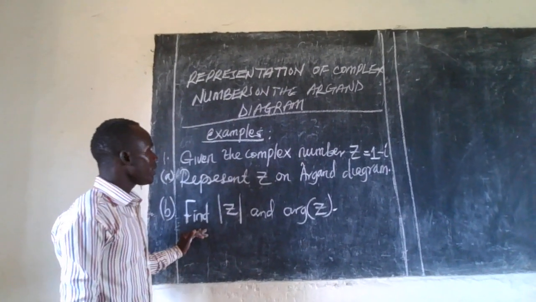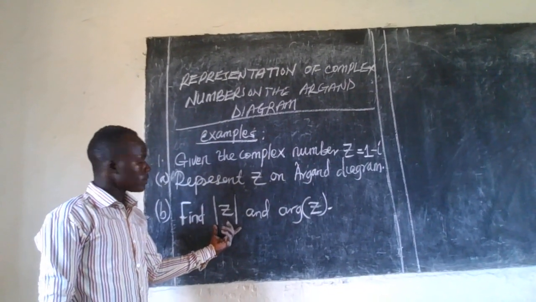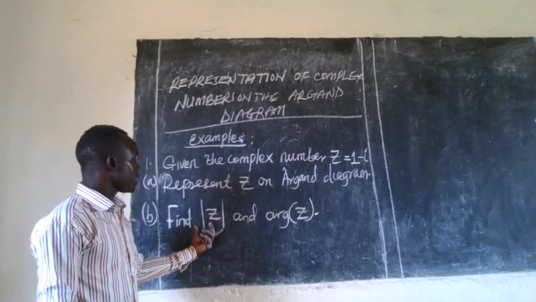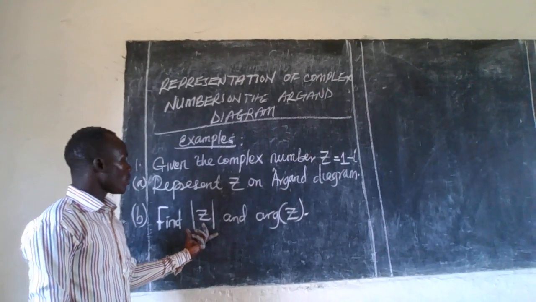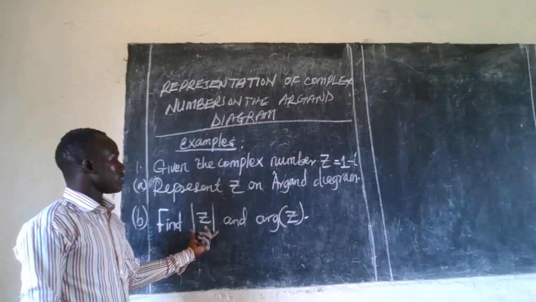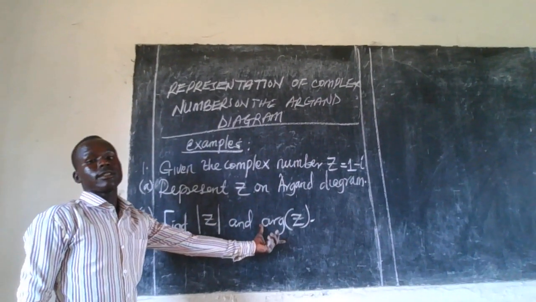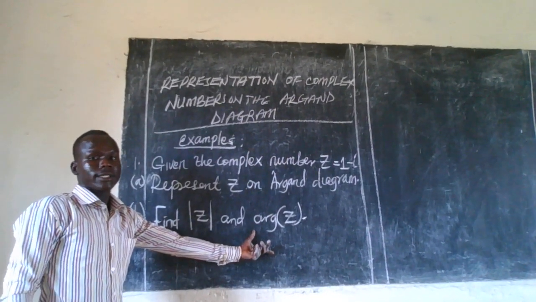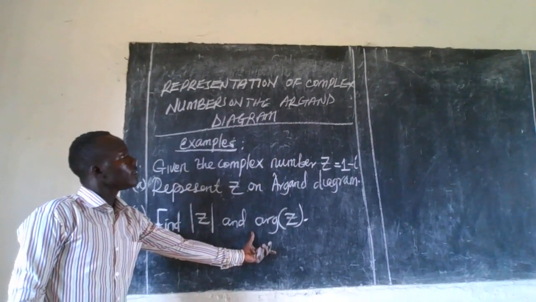Then B, find the magnitude of z. Someone can call it modulus, somebody can call it length. They all mean the same. And C, find arg z, the argument of z, the principal argument.